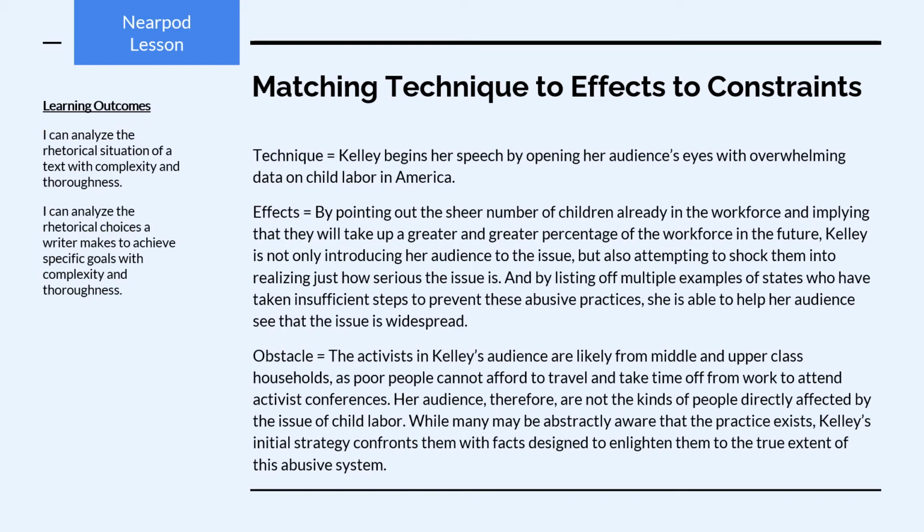And while many may be abstractly aware that the practice exists, Kelly's initial strategy confronts them with facts. Okay, so again, I'm tying it back into logos or reason-based constraint there. So once again, I've taken my reason-based technique, explained reason-based effects, and connected it to a reason-based obstacle.